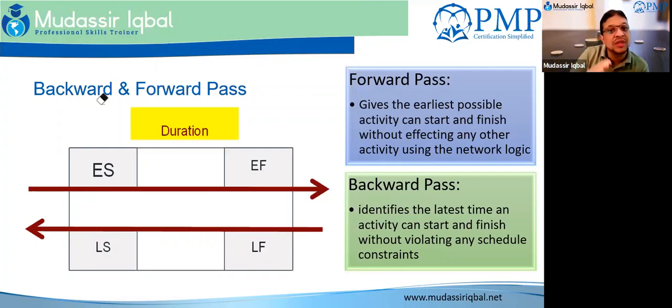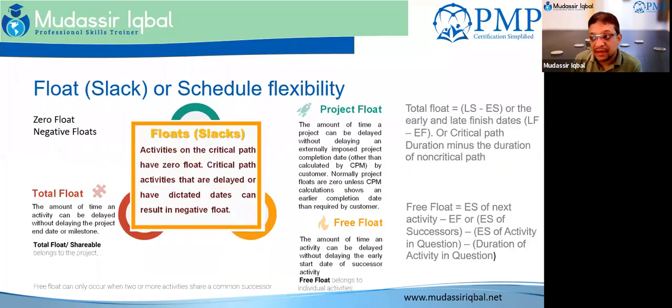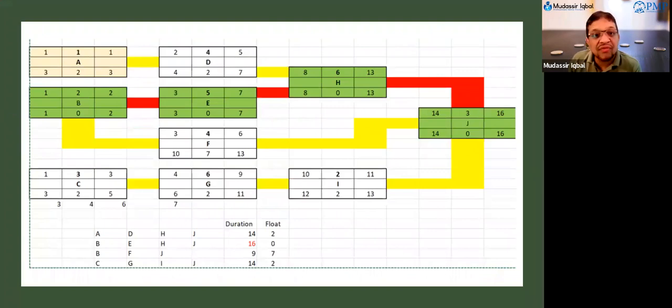Forward pass tells you that you start from 1st of January and finishes on 16th of January. And the backward pass tells you, if I go back, so we do a forward pass starting everything on 1st of January.